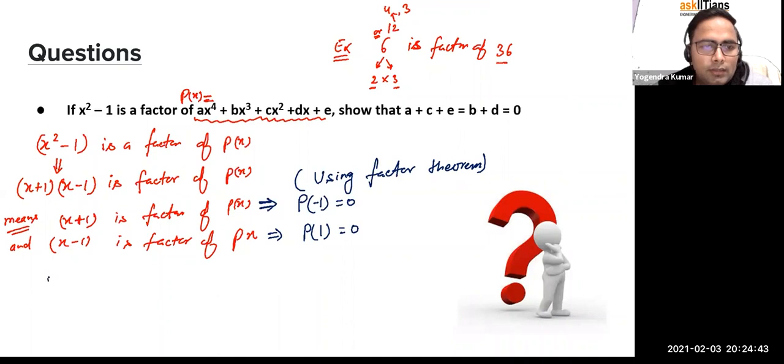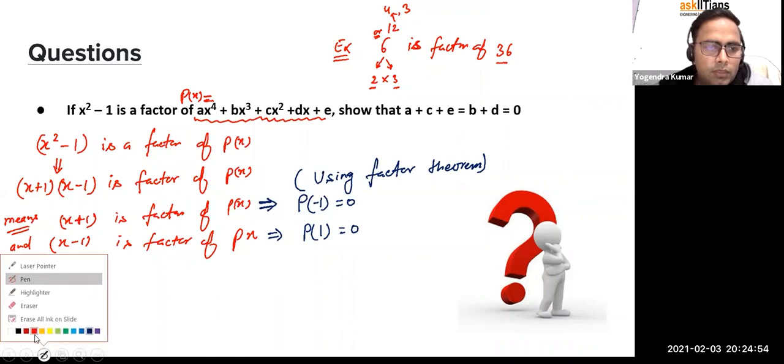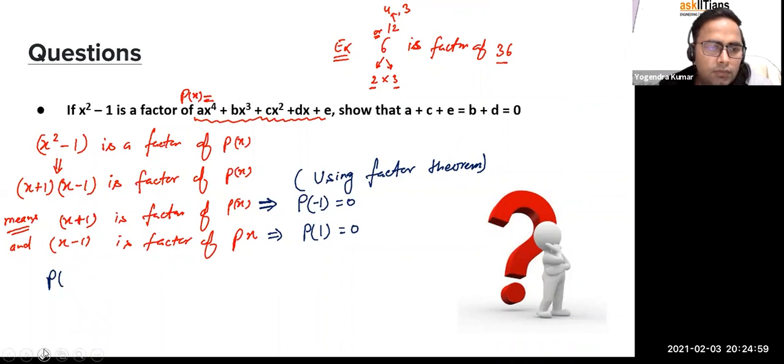So as P of minus 1, okay, can I find out P of minus 1? What is P of x? Let me write down P of x once here, and then we will apply the things into this.